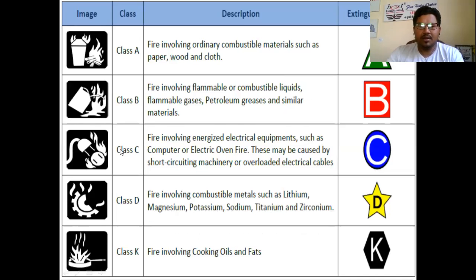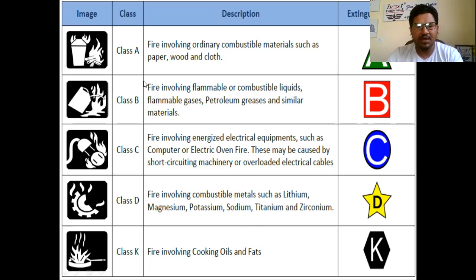Now, remember, we can't fight fire until we understand the classes of fire, and there are 5 classes. Class A is fire relevant to combustible materials like paper, wood, and cloth. Class B is fire involving flammable or combustible liquids and gases, like petroleum gases. Class C is fire involving energized electrical equipment, such as a computer or electric oven fire.